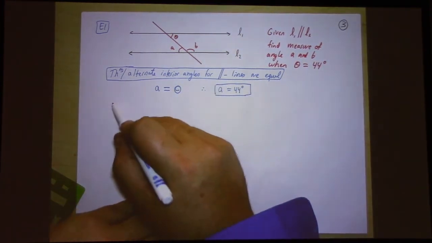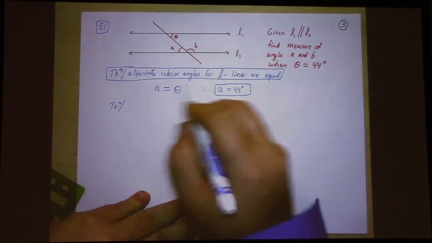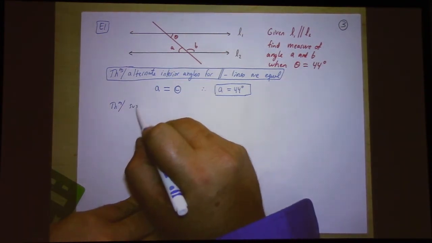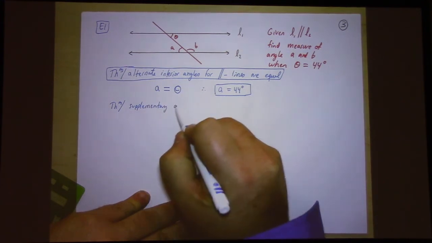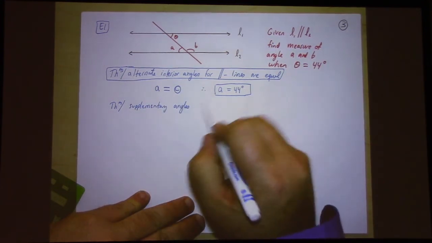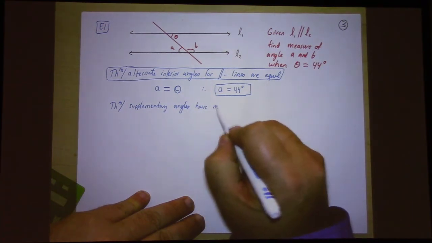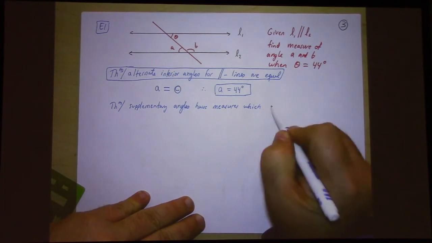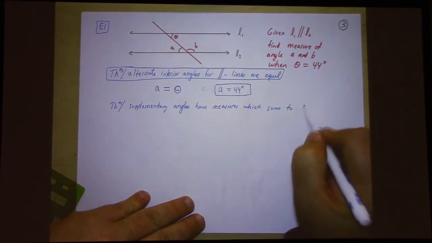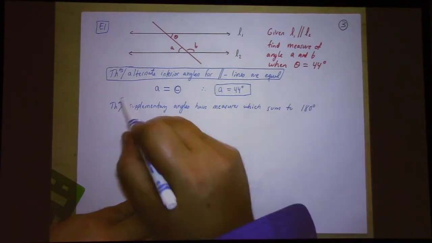Another theorem is that supplementary angles have measures which sum to 180 degrees.